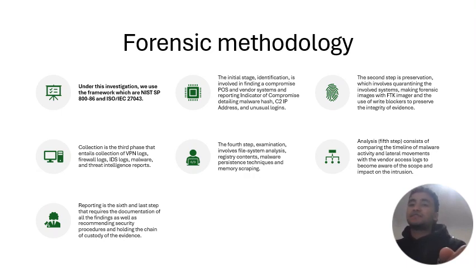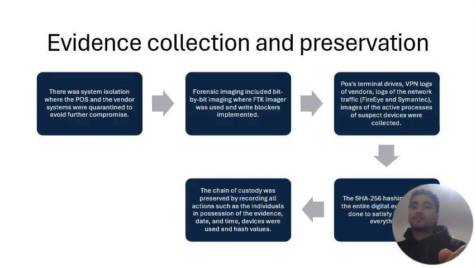The second step is preservation, followed by collection, the third phase, which entails the collection of VPN logs, firewall logs, and IDS logs. The fourth step is examination, which involves file system analysis, registry contents, and malware. The fifth is analysis, and at the end, reporting is the sixth and last step, which requires documentation of all findings as well as recommending security measures.